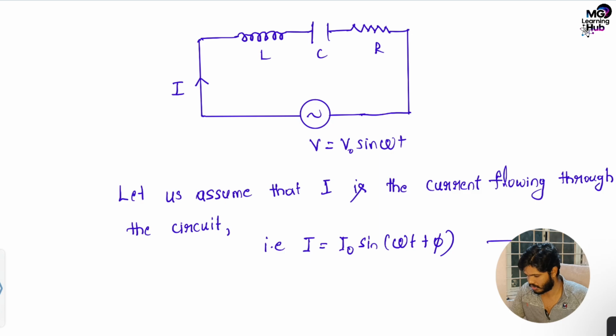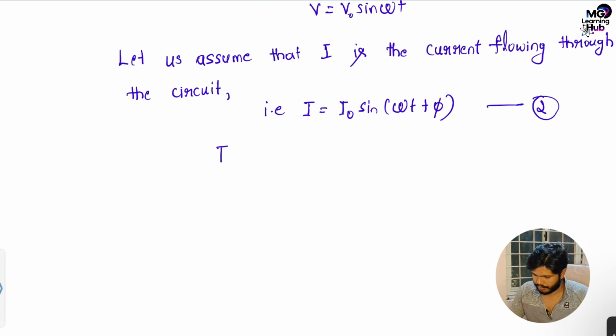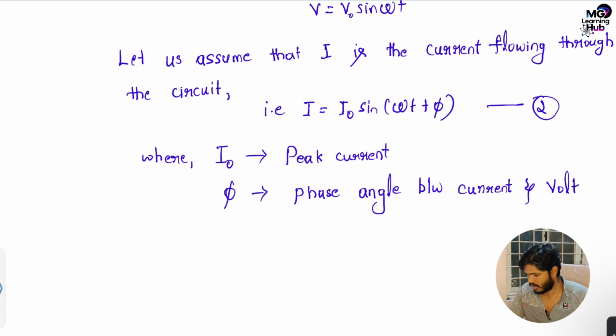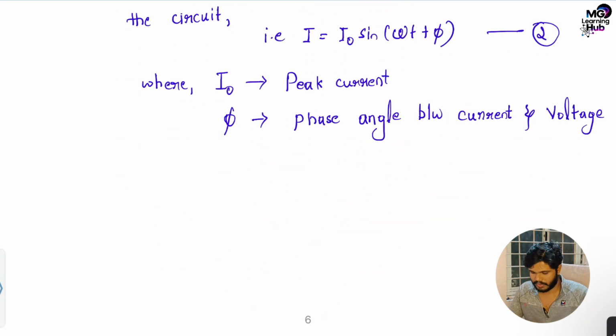Let us call this as equation number 2. Now here, define ಮಾಡಬೇಕು terms ಎಲ್ಲ. I naught is peak current and phi is the phase angle between current and voltage. Done.